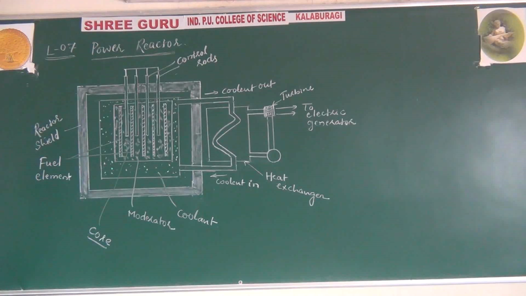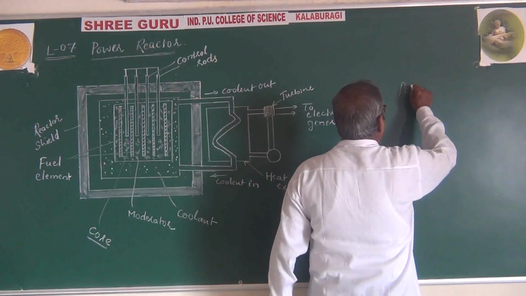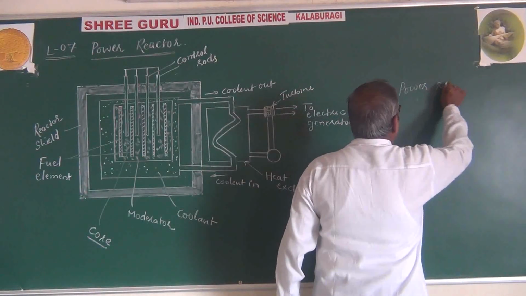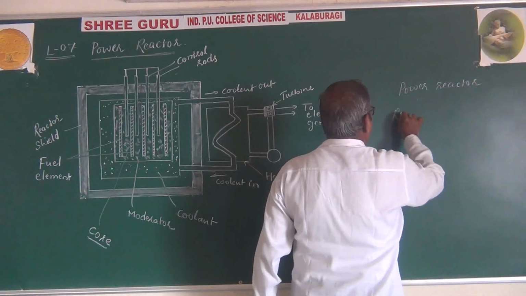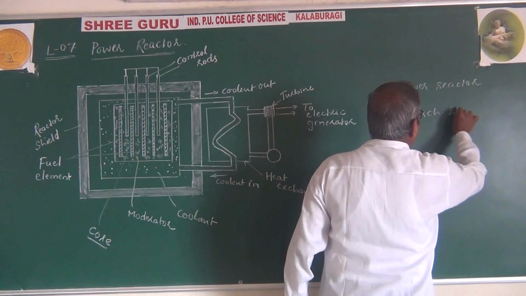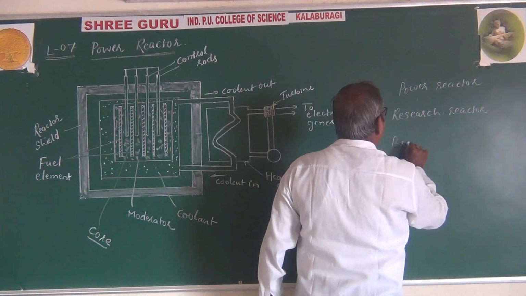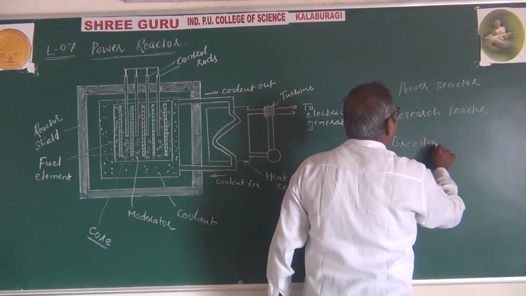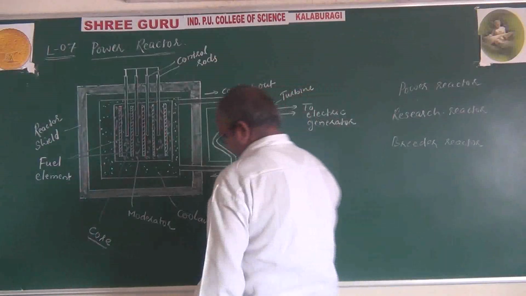There are three types of reactors: one is the power reactor, second is the research reactor, and third is the breeder reactor.